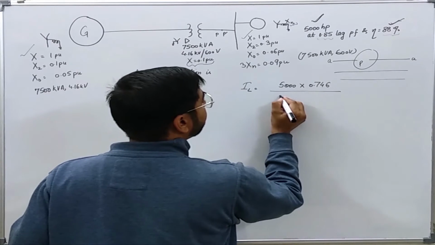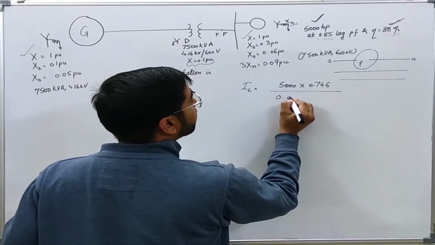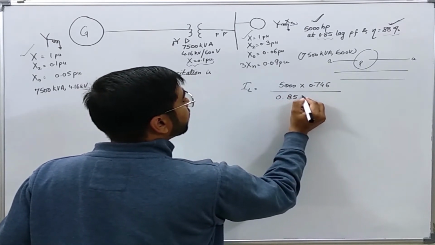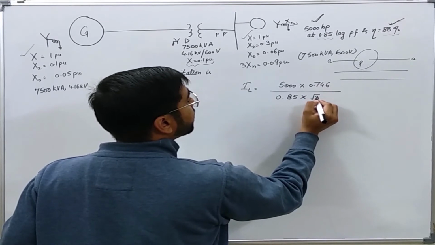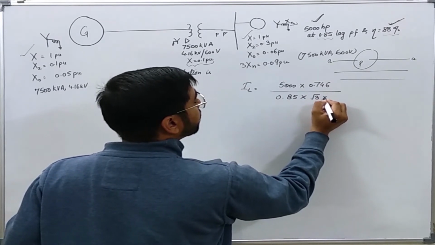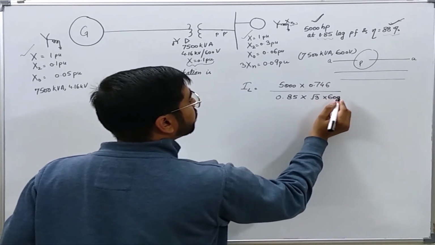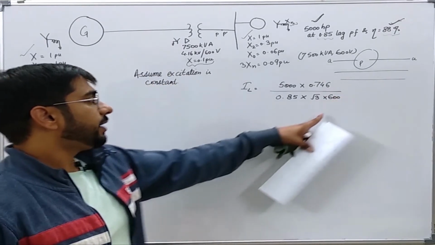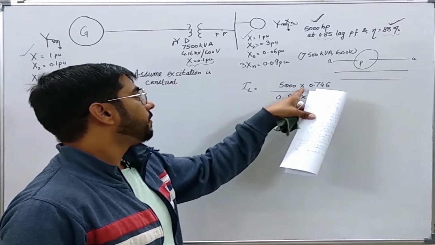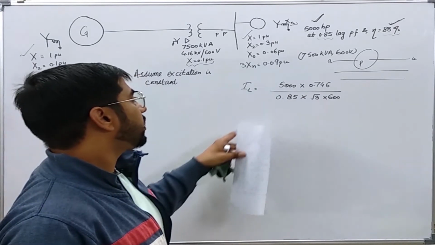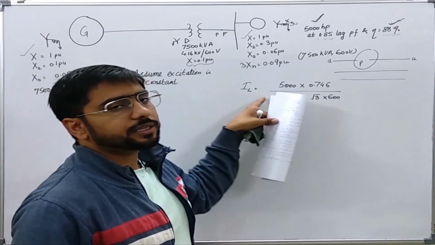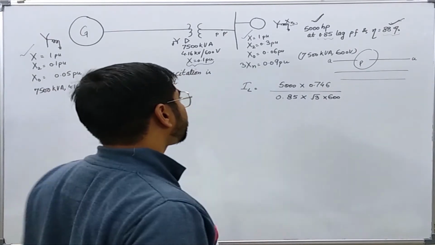Now we will divide it by the efficiency and the power factor, and by √3 into the line voltage. √3 V I power factor is going to give us the line current.